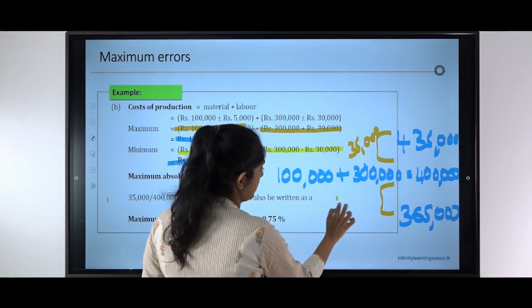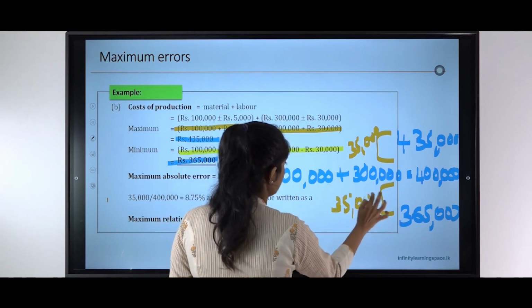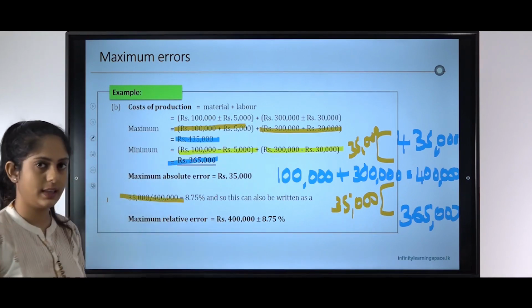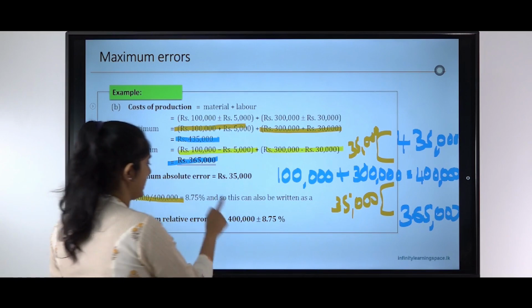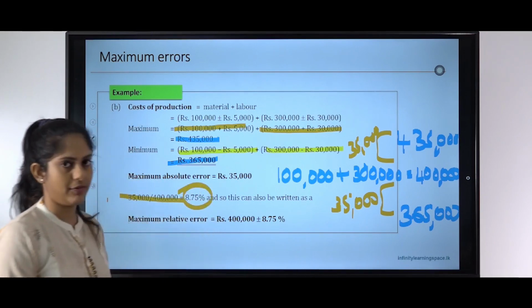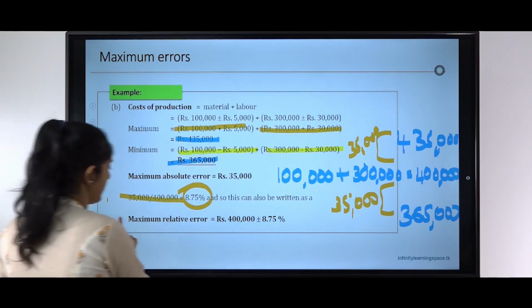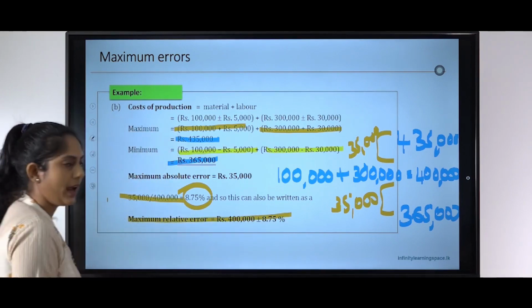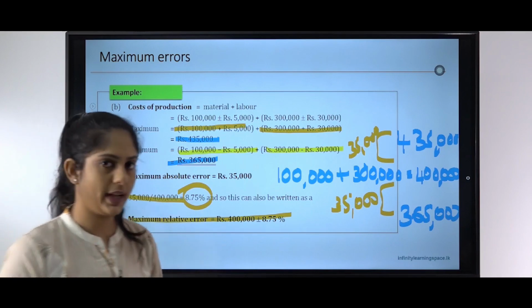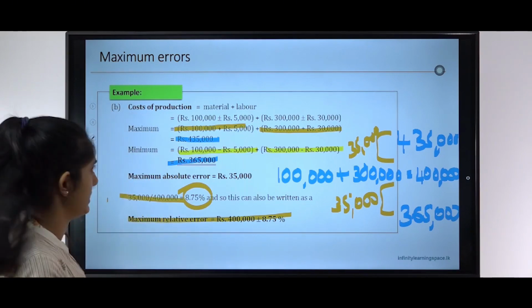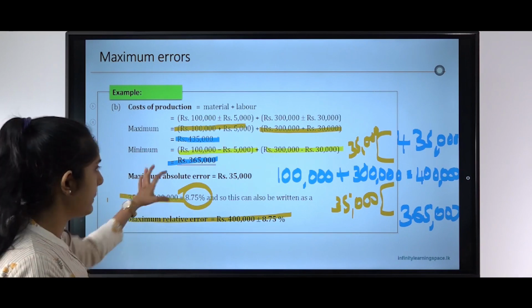So we take 35 over 400,000. If you need it as a percentage, it's an 8.75 difference in percentage. So you can say maximum error would have been 400,000 up or down 8.75%. So this is the way we calculate it, right? So these are the maximum errors.